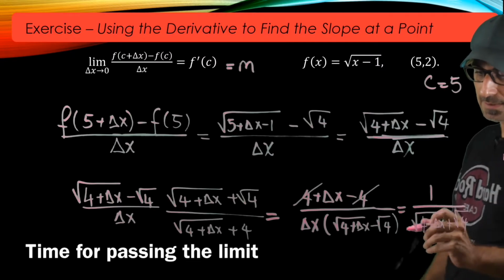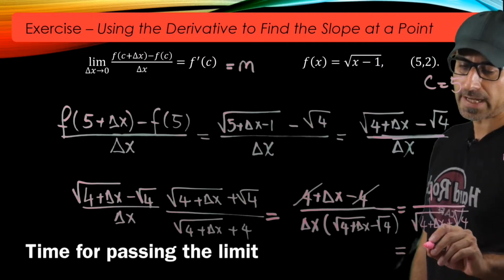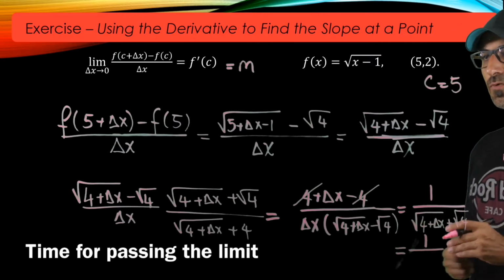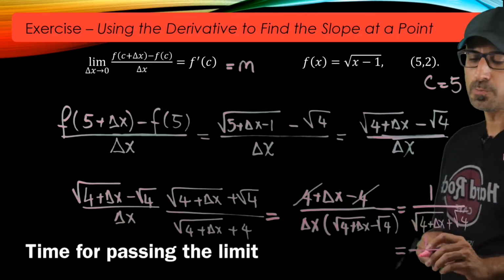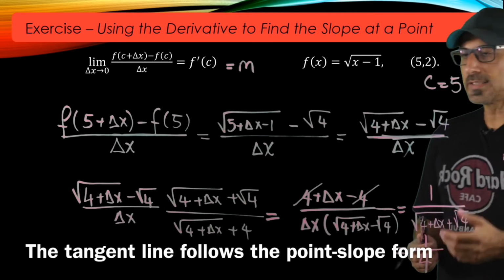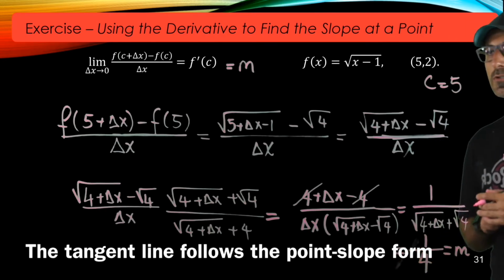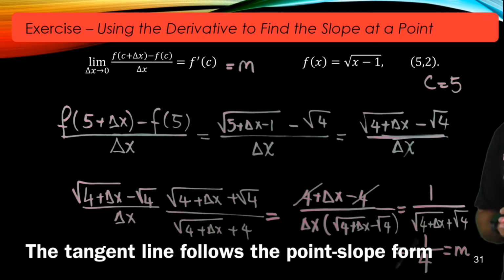So the limit exists. So I can conclude here that this is equal to 1 over radical 4 plus radical 4, but radical 4 is 2. So 2 plus 2 equals 4. All right, so 1/4 is the answer. This is the slope of the tangent line to the curve at (5, 2).